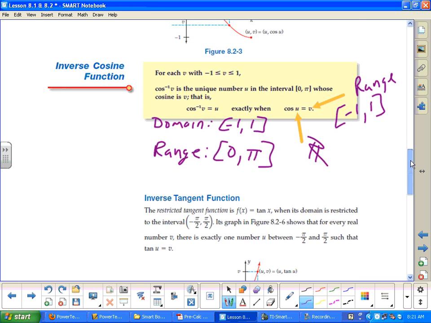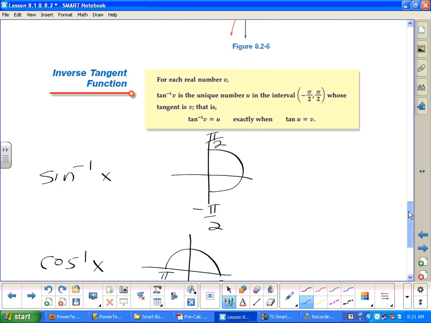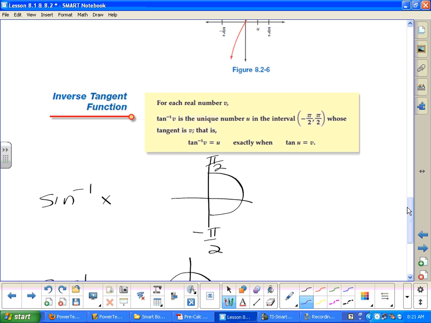Tangent. All right, here's our tangent function. As far as the domain for tangent, we said that x could not equal pi over 2 plus pi n, right?